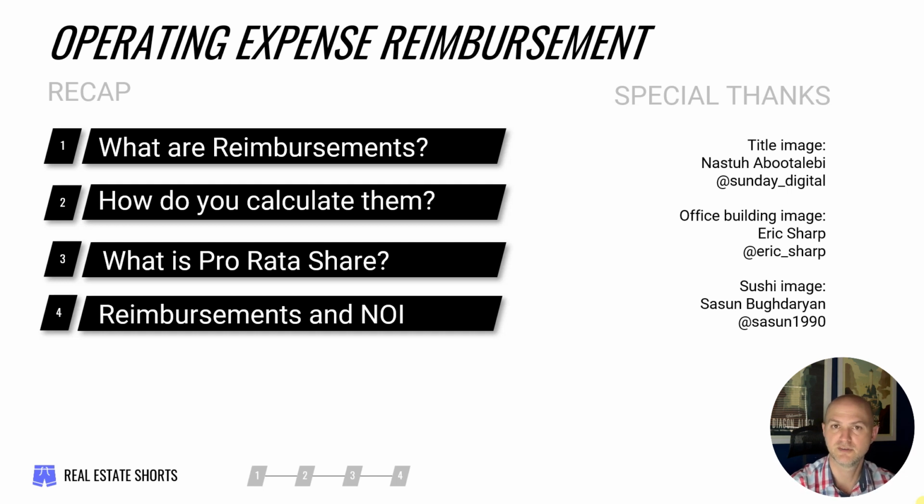It's possible for us to get a little more creative, but we can talk about that creativity in another video. And that $33,000 of reimbursement revenue gets recognized as part of potential gross income. Just don't make the mistake of excluding all of that operating expense bill. You as the owner still had to pay it. You were just refunded a portion of it.